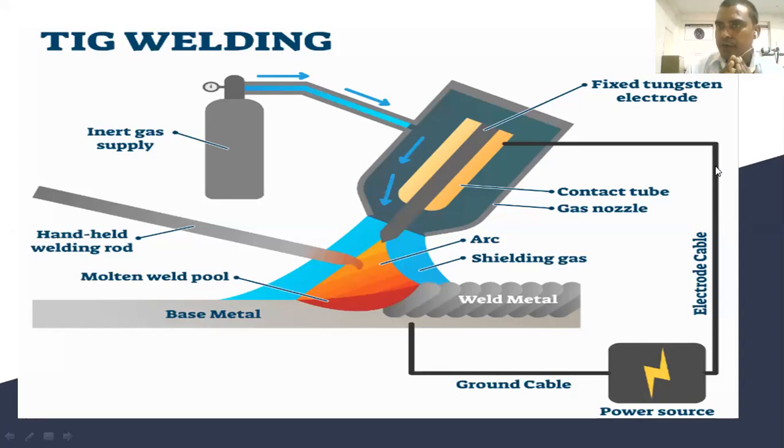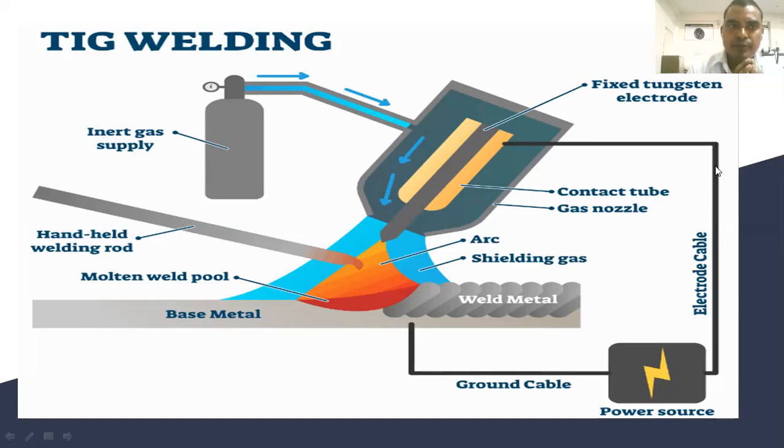My dear student, in this figure we are using an electrode. This electrode is known as the fixed tungsten electrode. Now we discuss the operation. The welding operation is done by striking an arc between the workpiece and the tungsten electrode in an atmosphere of inert gas.